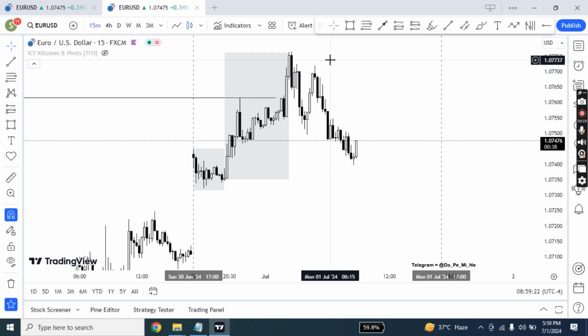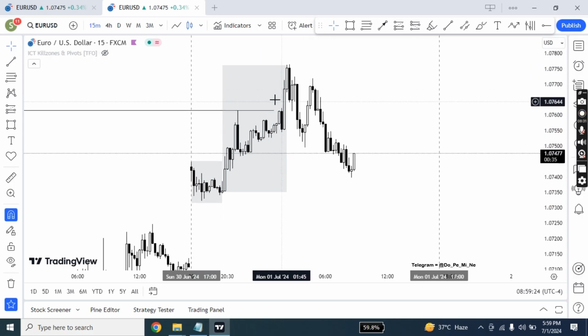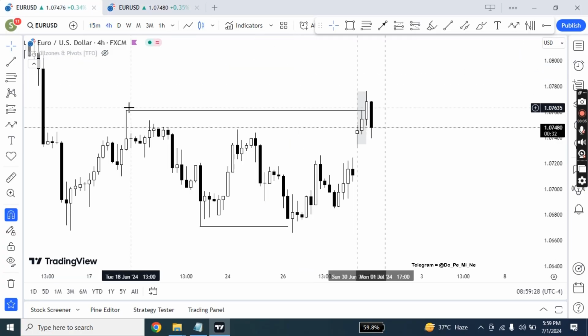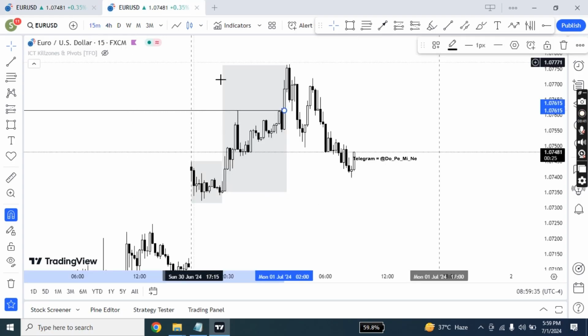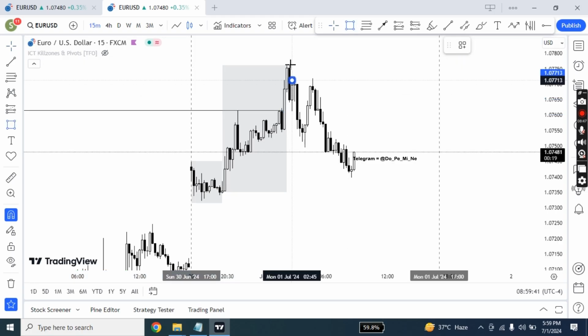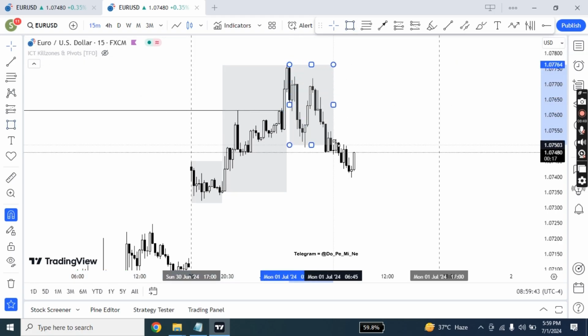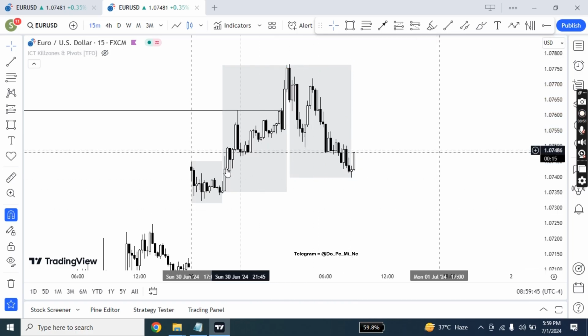Now the unique thing about this expansion again is that with this expansion, we took out another key level, which is in the form of this 4-hour swing high or range high, and this expansion tested a key level. So after that, what can we expect? We can expect a reversal, right? So you can see here that we are using proper logic.